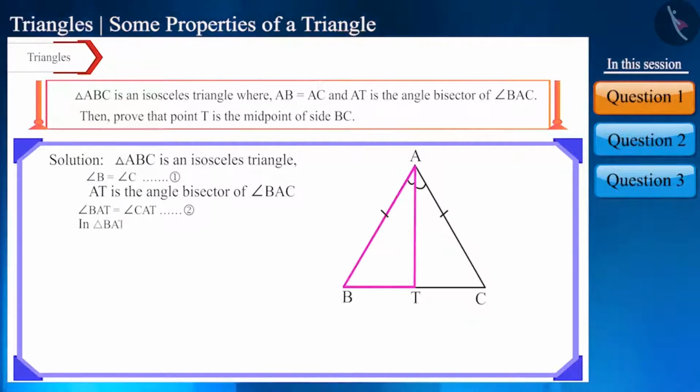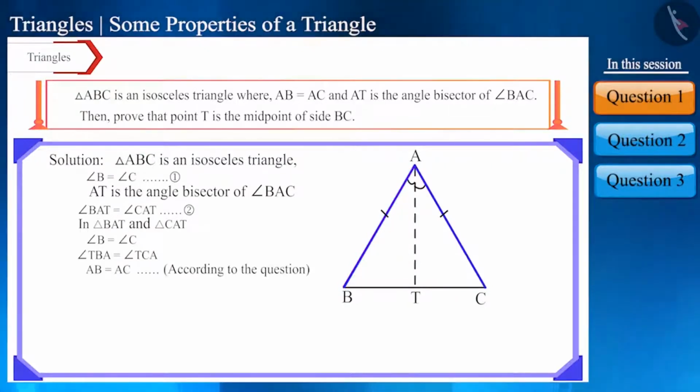Now look at triangles BAT and CAT. Angle B and angle C are equal. And we can also write angle B as angle TBA and angle C as angle TCA. And it's given that side AB is equal to side AC. Angle BAT is equal to angle CAT.